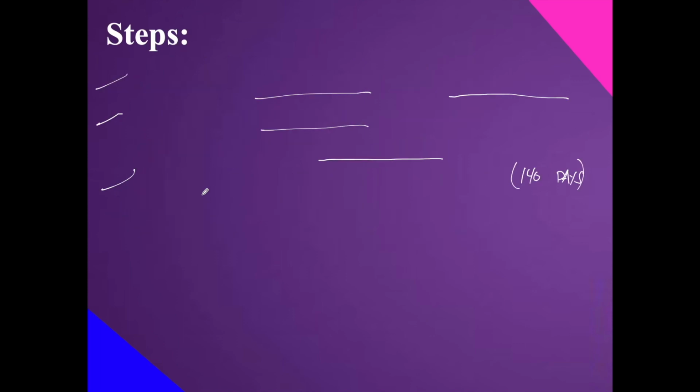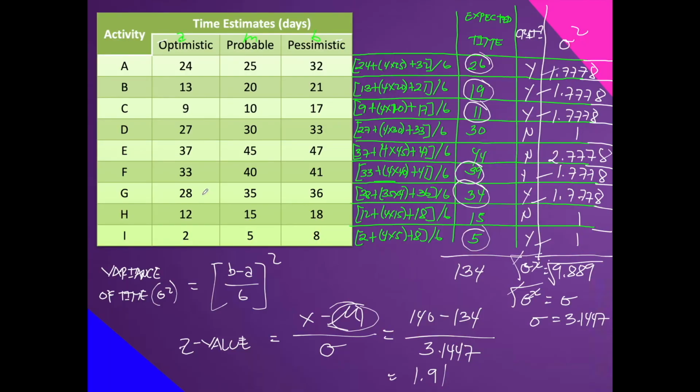It's the Z-table, the standard normal distribution table. Using the table, the equivalent of 1.91 is 0.9717, or as a percentage, 97.17%.